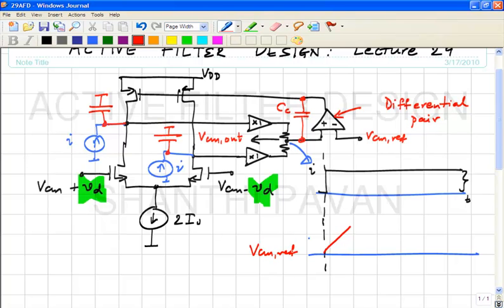Why? Because eventually, if the common mode loop is stable, the current in the PMOS transistors is adjusted so that the total current being pushed into the node is exactly equal to the total current being pulled out of the node. So eventually the voltage must settle to VCM ref.